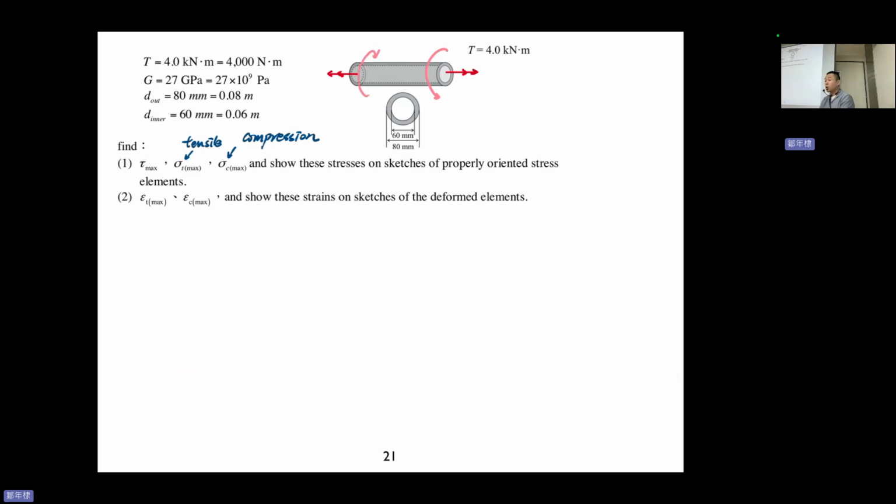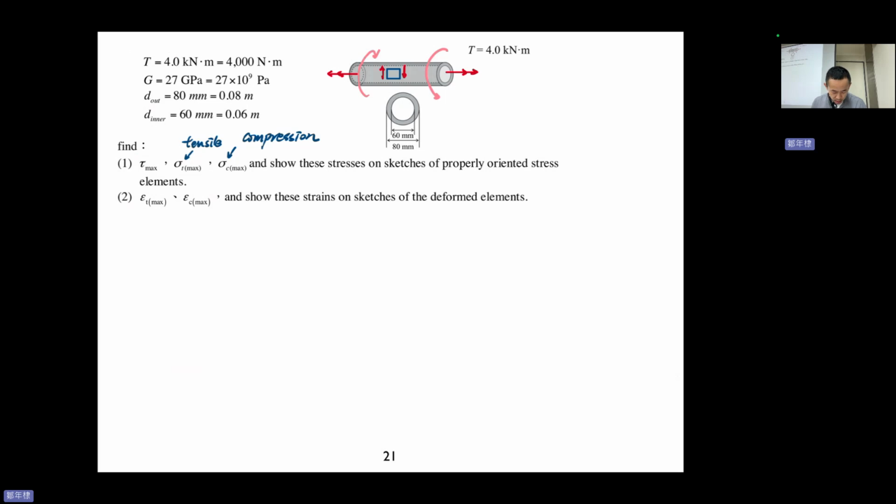All right. So if you have a stress element at the middle, you will have right hand side down, left hand side up.